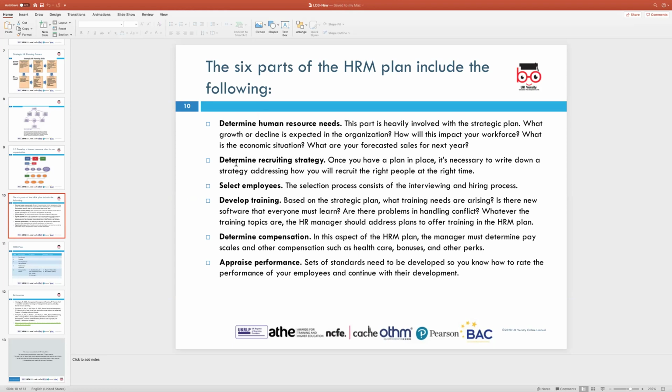Then you base your recruiting strategies on those needs. Then obviously you need to see how you select your associates, your hiring process, and then you develop them. So you have now got the associates, but you properly need to give them training for them to understand their job role properly. And then obviously your compensation should be, firstly, that they're paid decently.